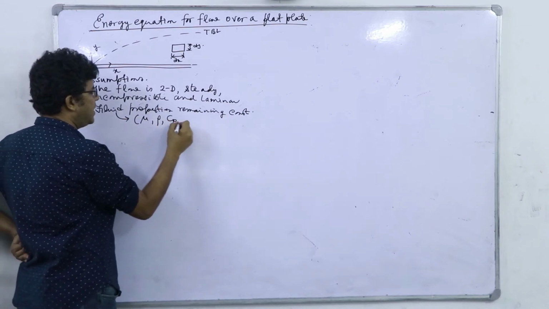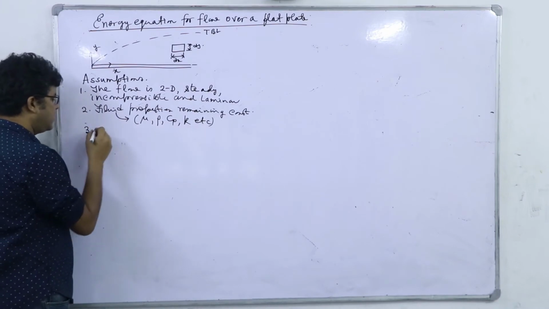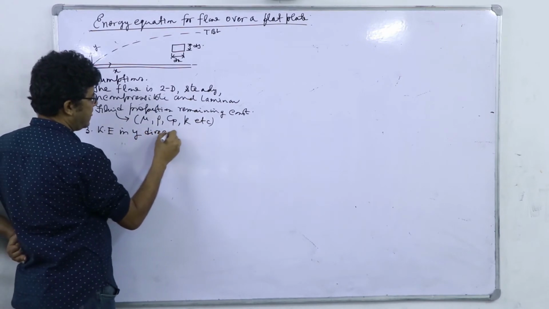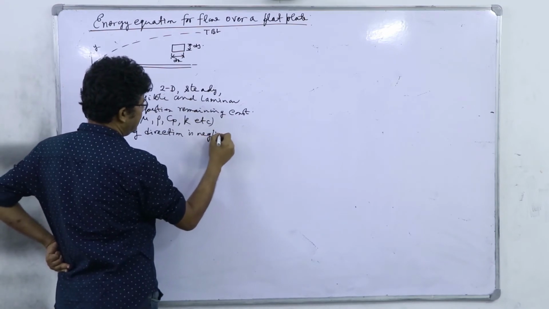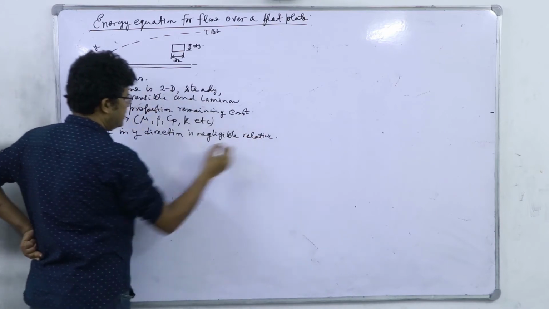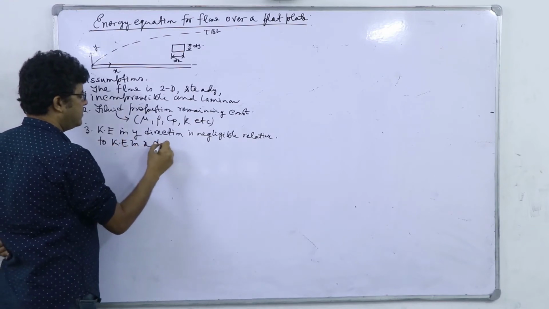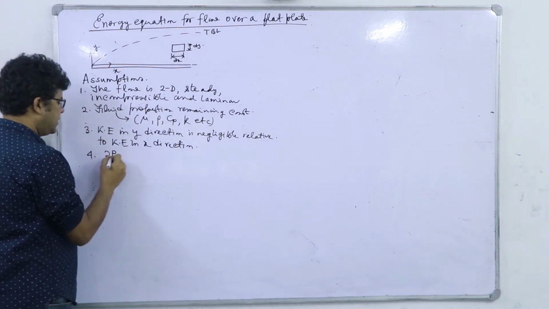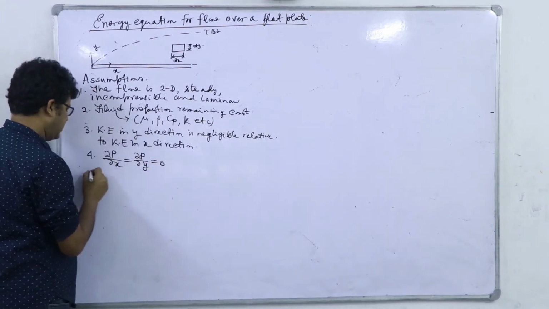Mu, rho, Cp, K, etc. These are remaining constant, right. Next, kinetic energy in y direction is negligible relative to kinetic energy in x direction. Fourth, it is an open flow, so there is no pressure gradient, del P del x and del P del y both are equal to 0.